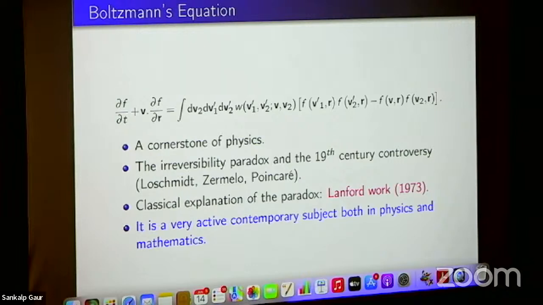The argument of Boltzmann has been made clearer and clearer during the 20th century by Ehrenfest and many others, and we have a common understanding of this paradox. For instance, there is a nice mathematical work by Lanford in 1973 that proves that the understanding we have is actually mathematically correct. Here I will give you another interpretation, which is completely compatible with the classical one, but which is actually much simpler. To do that, I will use large deviation theory.